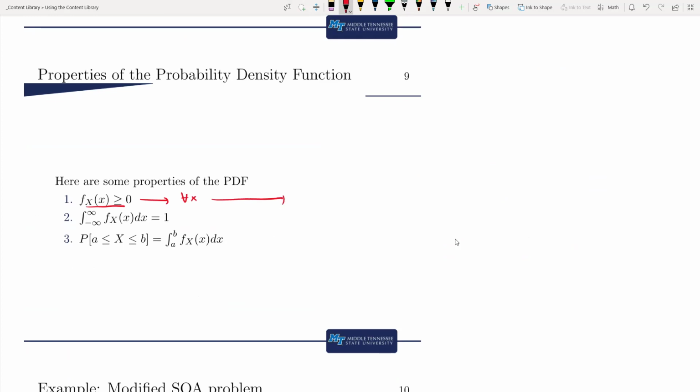For example, I can create a density function that looks like this. Here the density is 0. So this is a. But it's never going to be negative. That's why it says non-negative.